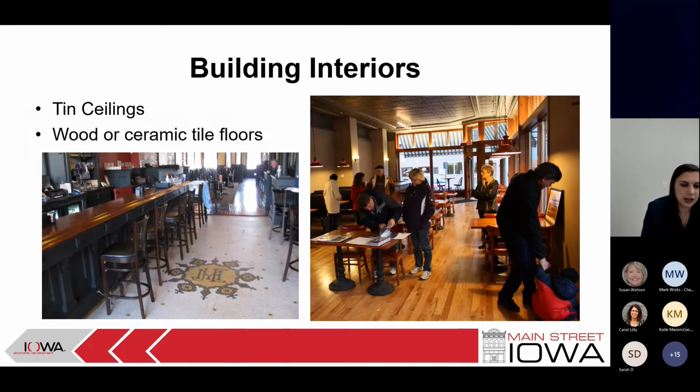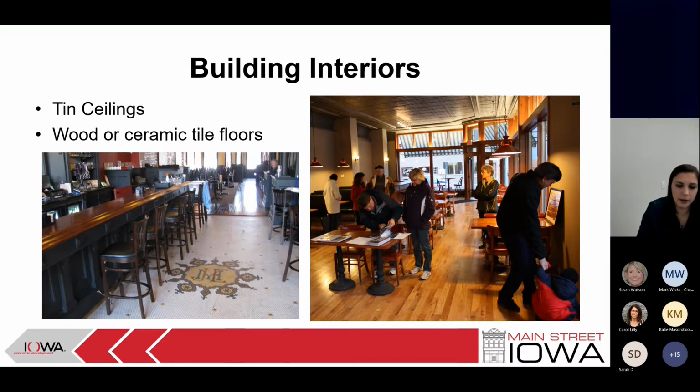And as far as the interiors are concerned, there are a few elements that are really important. I think most of you are probably aware of these. The most obvious is probably tin ceilings or metal ceilings, which are typically the most notable feature that really bring your eye up and create some texture within those tall first floor spaces.